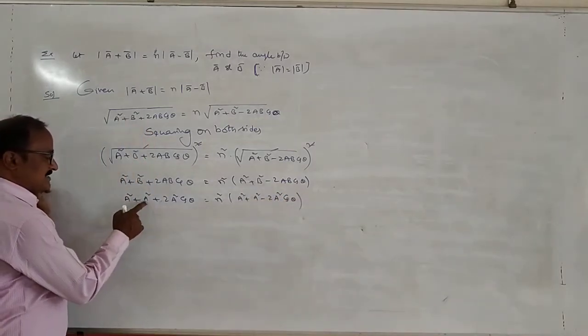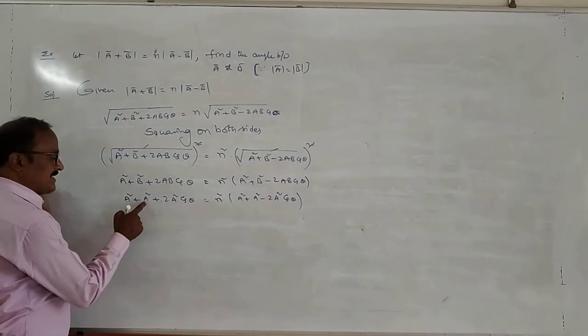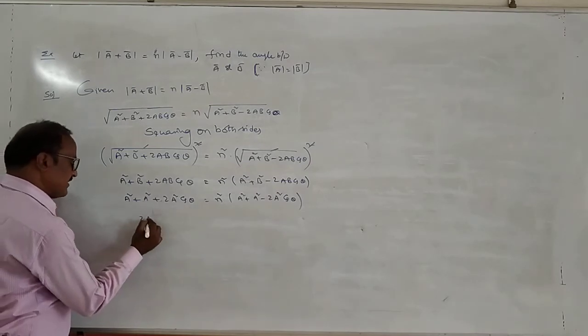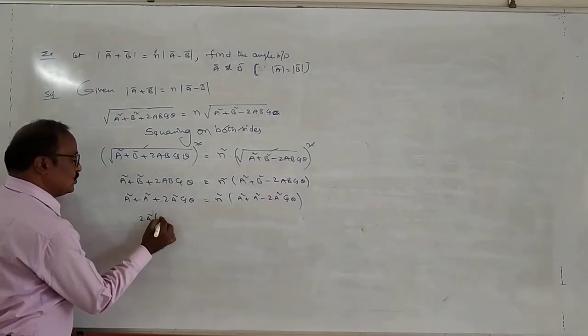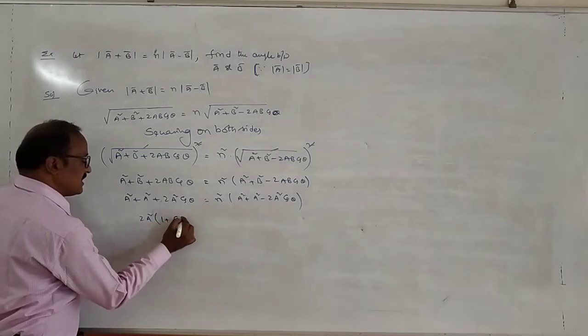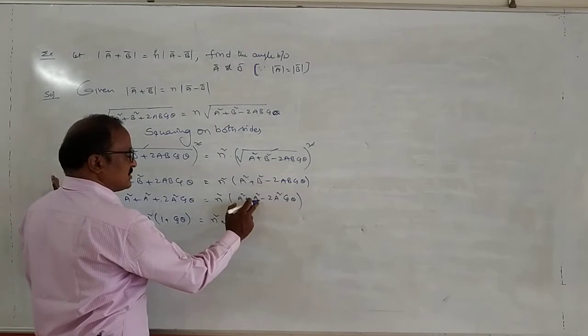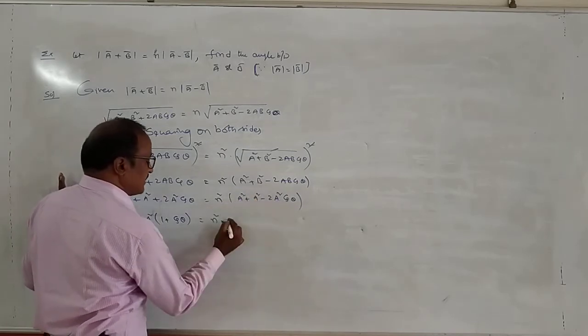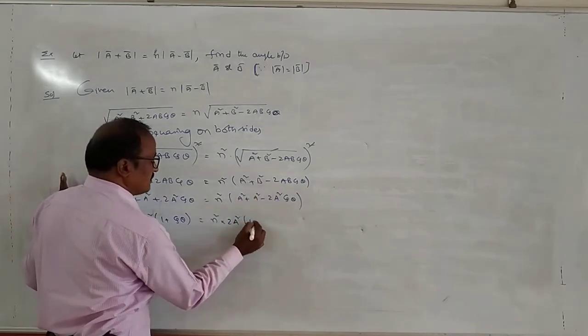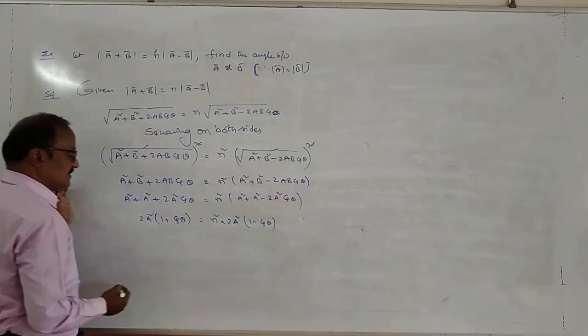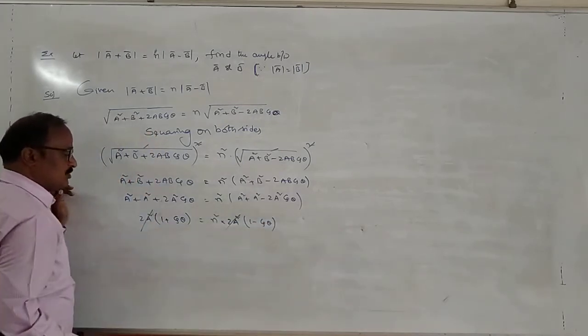What is a square plus a square? 2a square. Here 2a square is common, so 2a square into 1 plus cos theta is equal to n square into 2a square into 1 minus cos theta. On both sides 2a square and 2a square cancel.